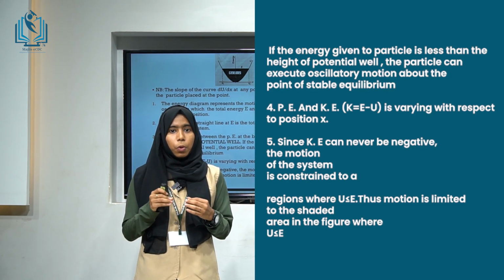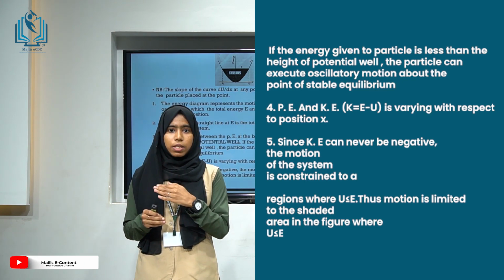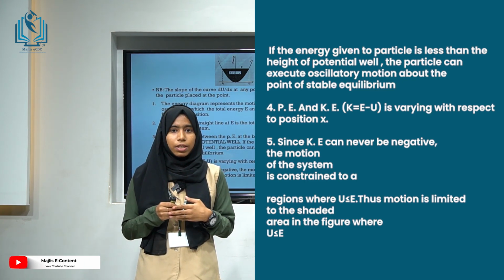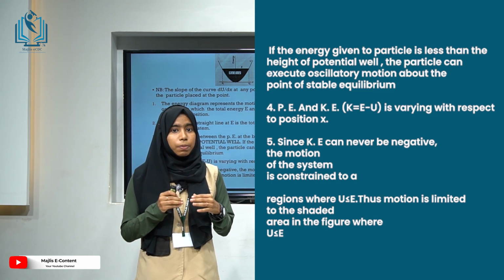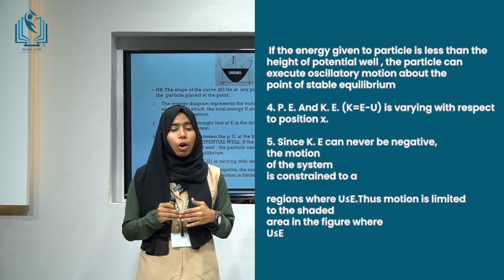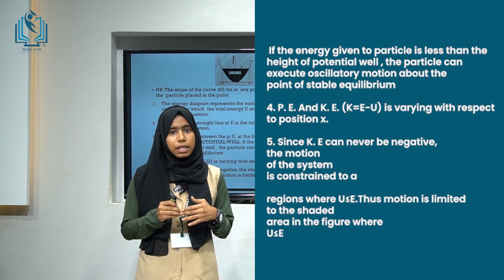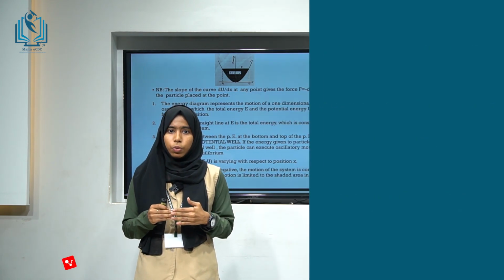When the particle moves from its origin in either direction, the potential energy increases and the kinetic energy decreases. So the particle will have maximum kinetic energy at its mean position, or equilibrium position, and maximum potential energy at its extreme position, or turning points H1 and H2.